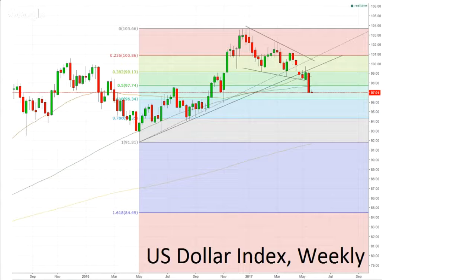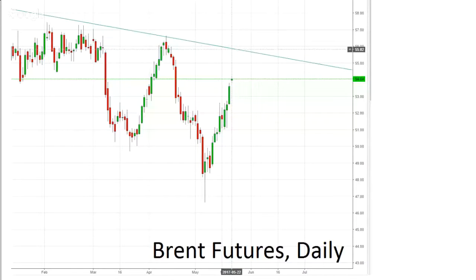So the previous support levels of the US dollar should act as resistance, and this resistance will be at 97.75. Here we have 100-week moving average, then 98 and 98.65 are the nearest resistance levels.